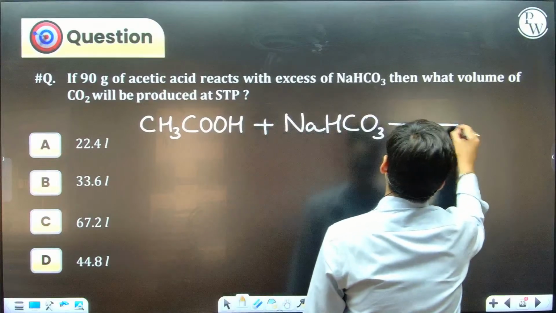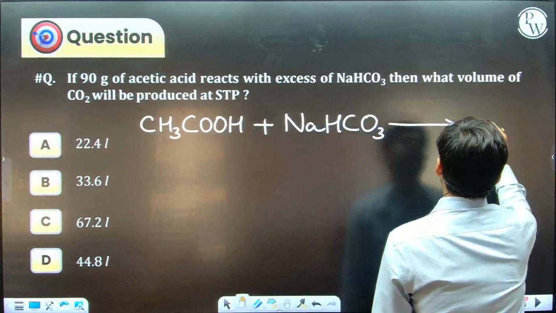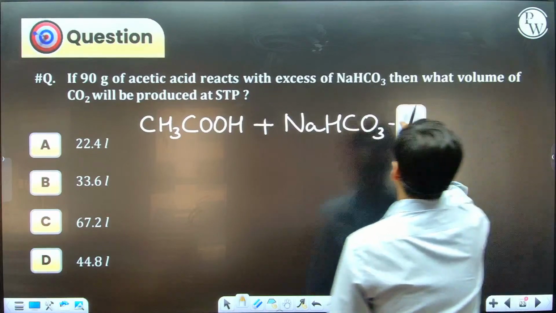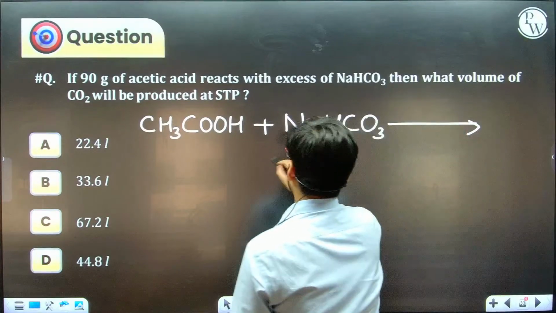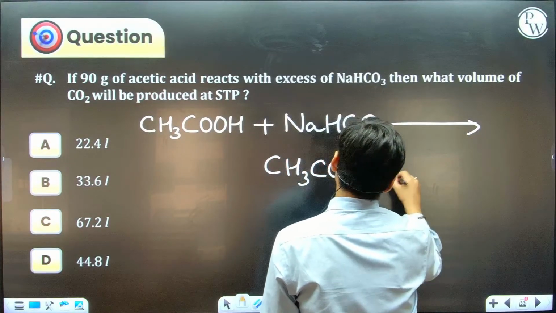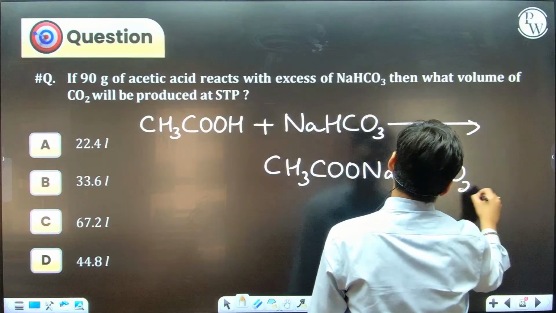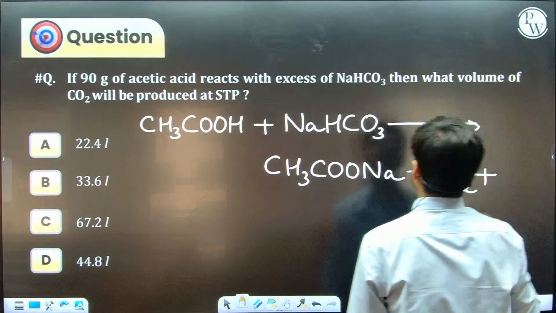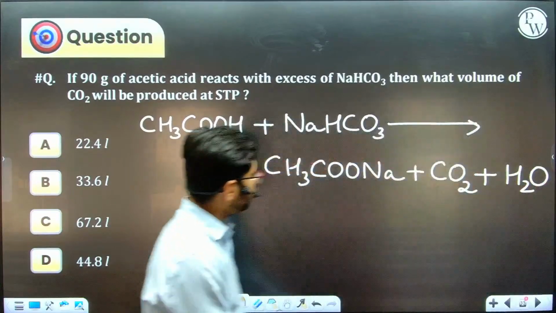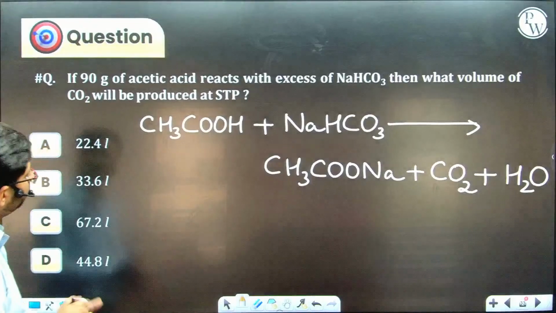We know that a carboxylic acid reacts with sodium bicarbonate to form salt. So the salt will be CH3COONa. So I'll write down the products here. CH3COONa. Carbon dioxide gas will be evolved if any carboxylic acid reacts with NaHCO3, and definitely we'll have water as well.